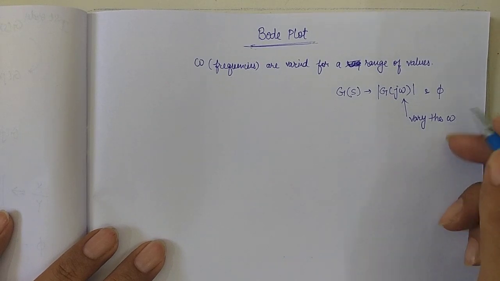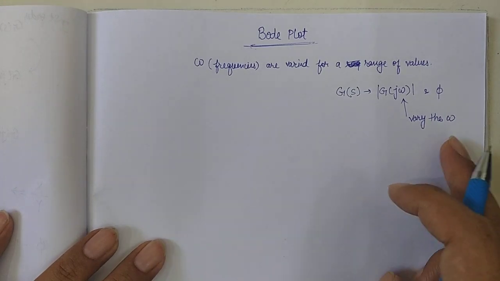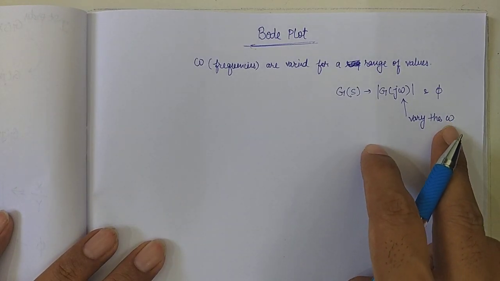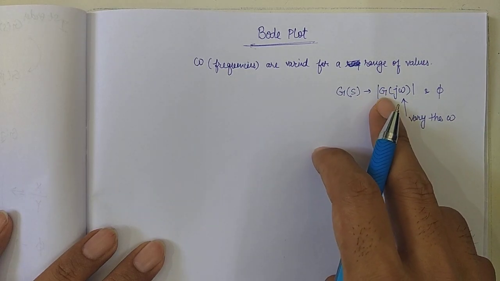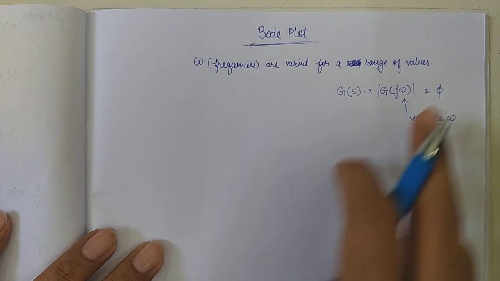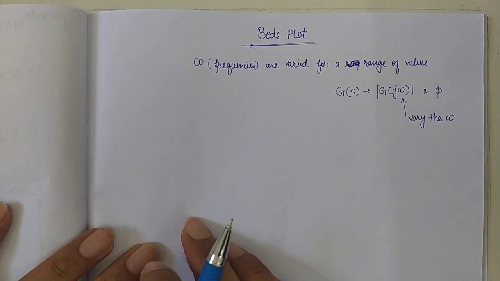So we are going to restrict ourselves to the Bode plot only, and we are just going to seek how, if we vary this frequency, the magnitude and the phases are going to vary with this omega. So this is what the Bode plot is all about.